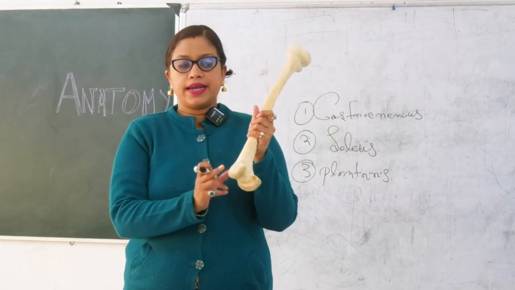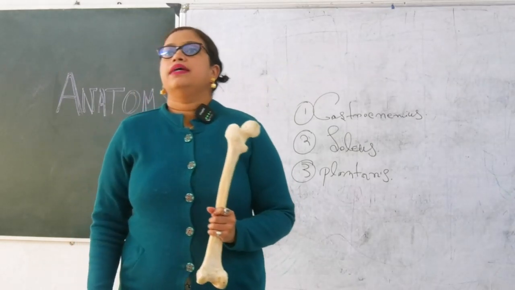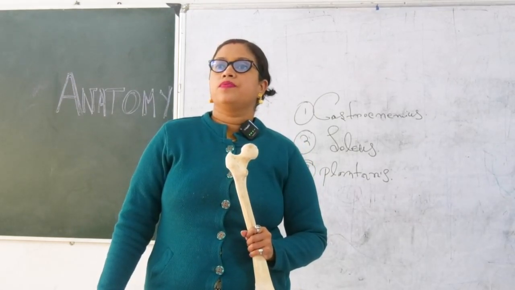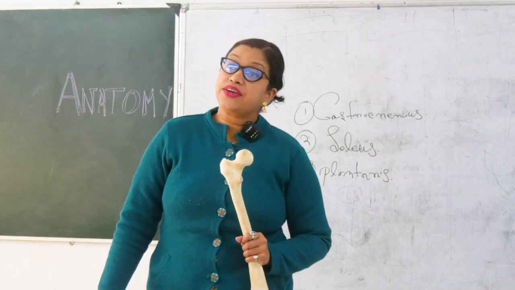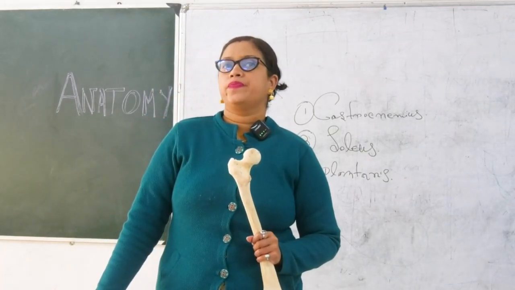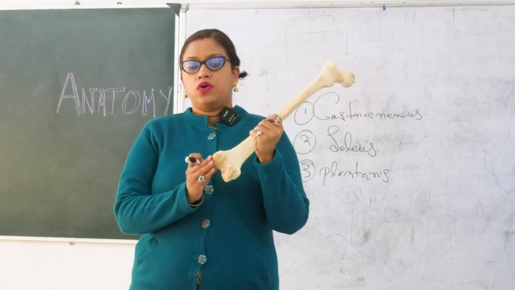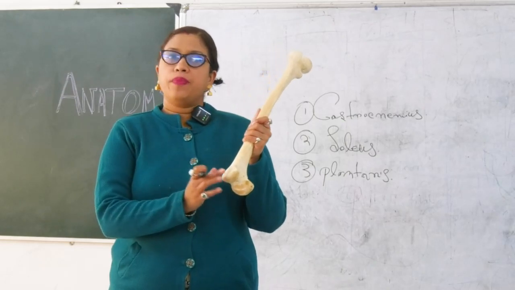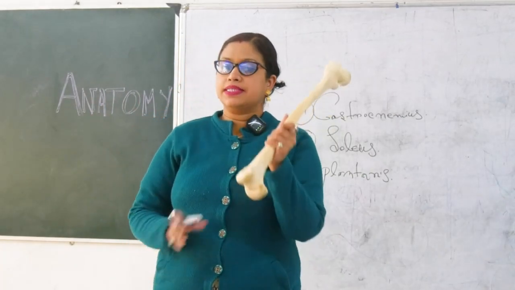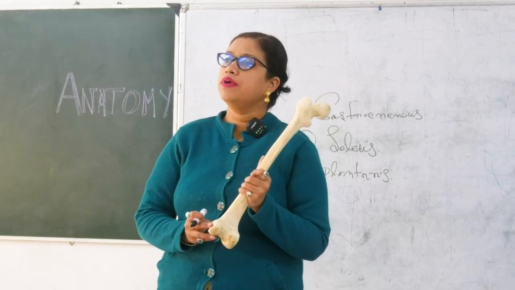On the lateral side there is a groove for the tendon of popliteus. So write it down: the lateral head takes origin from the lateral surface of the lateral condyle, above the tendon of popliteus. The tendon of popliteus runs in the groove, and superficial to it is the lateral head of gastrocnemius.